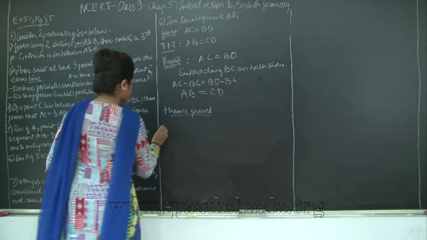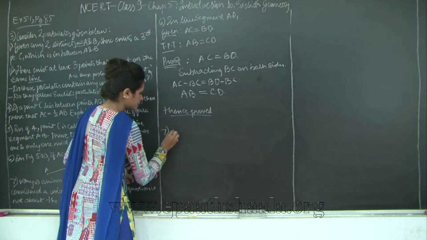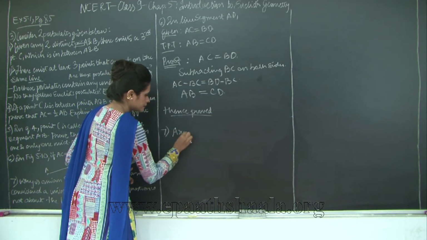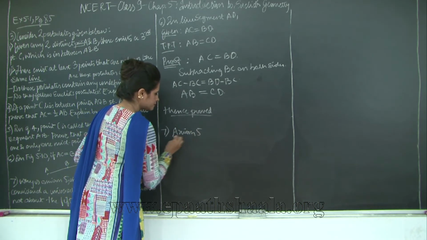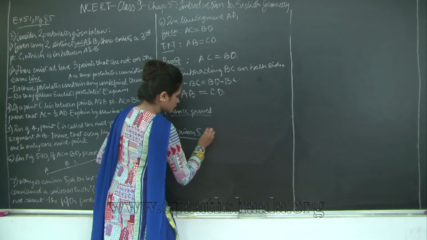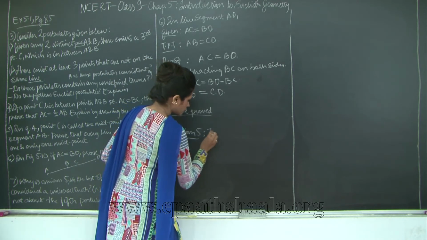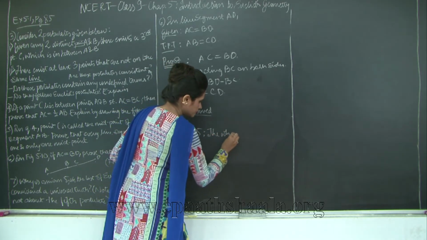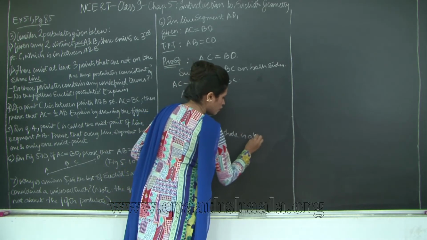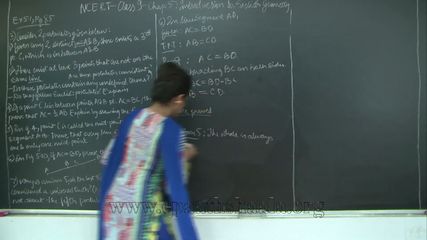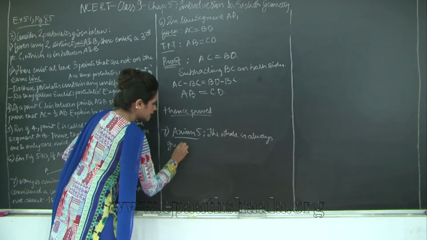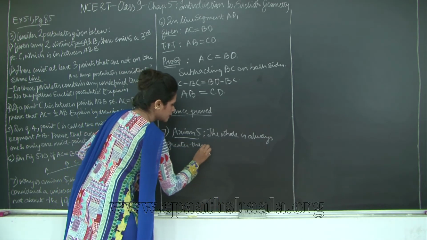So we will first write our question. Seventh, axiom 5. The whole is always greater than a part.